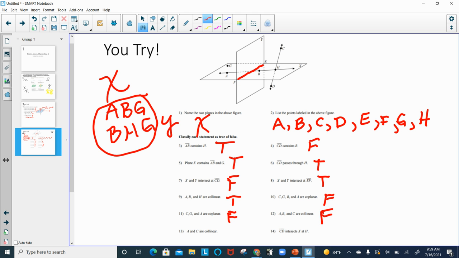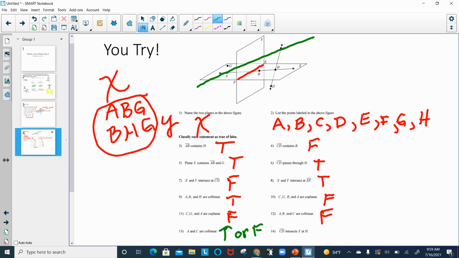I mean, the way it's drawn, no. But could they be? Any 2 points can have one line drawn through them. So I would have accepted true or false in this case. It's really true, but in the way that the picture was drawn, it was false.